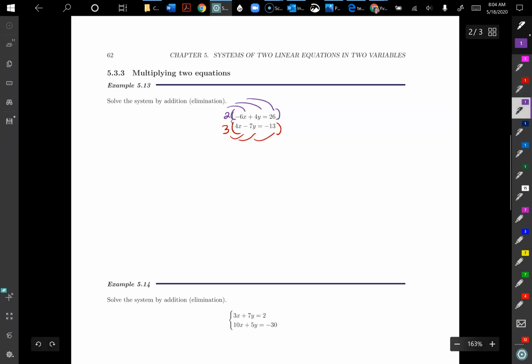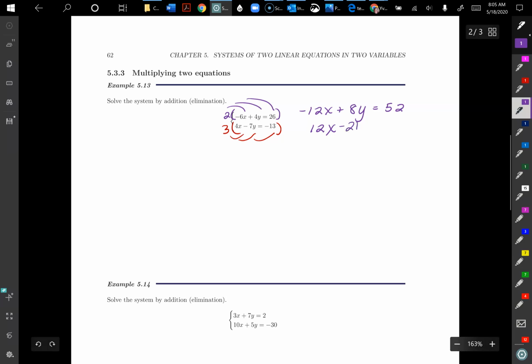So I'll have -12x plus 8y equals 52. Then I'll have on the bottom there 12x. Remember, I'm looking for the opposite signs.